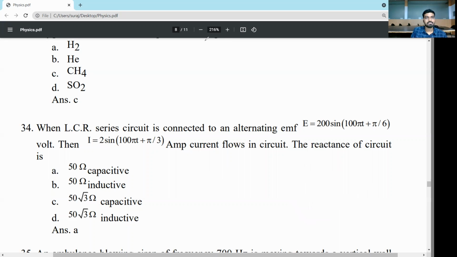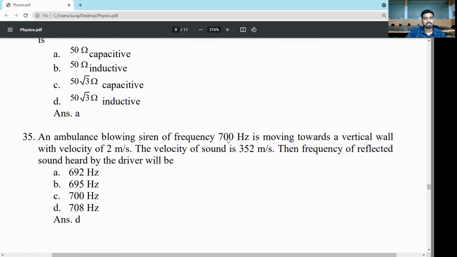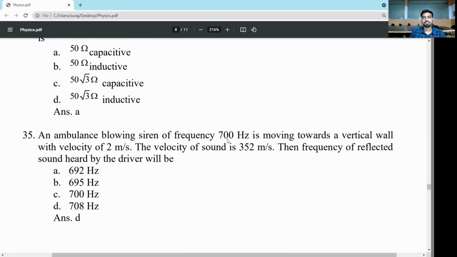Coming to question number 35. An ambulance blowing a siren of frequency 700 Hz is moving towards a vertical wall with velocity 2 meter per second. The velocity of sound is 352 meter per second. What is the frequency of the reflected sound heard by the driver?